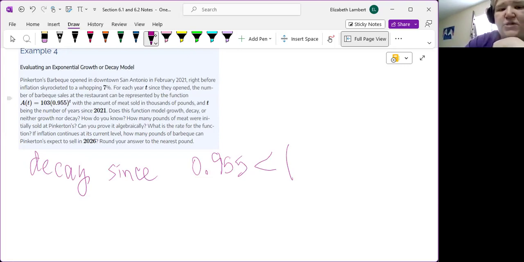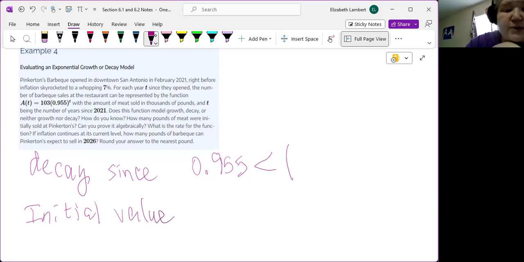So the initial is 103, but how can you tell algebraically? So initial value comes from zeros.